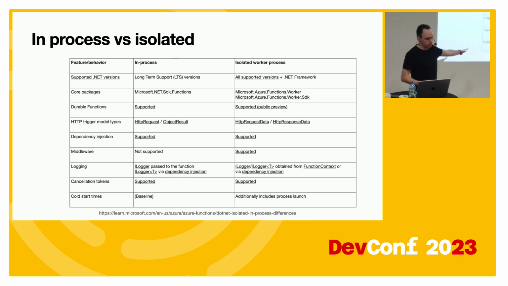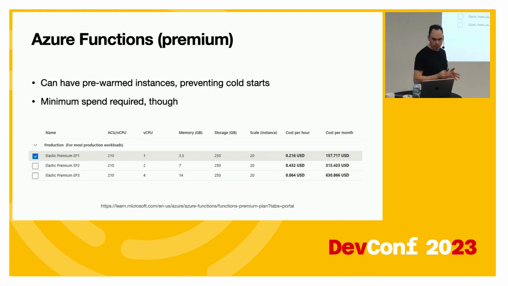There are a lot of differences, and I won't go into them in great depth, mainly because it's not the focus of this talk. But if you promote Azure Functions and you find the cold starts are unbearable, or you just need them to run faster, there is a premium option that allows you to remove cold starts.